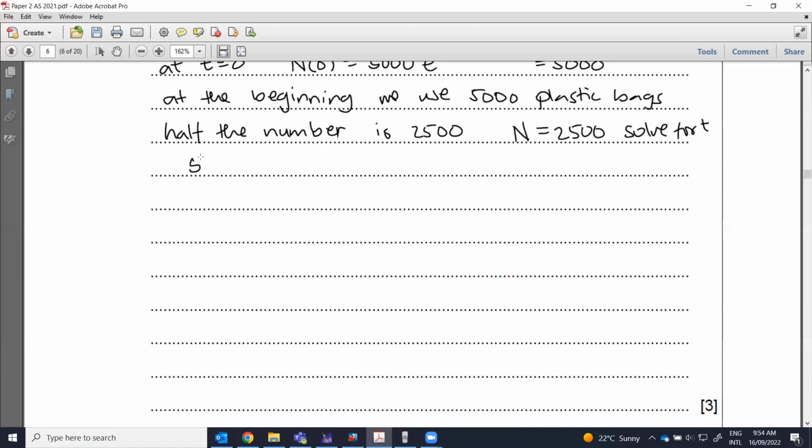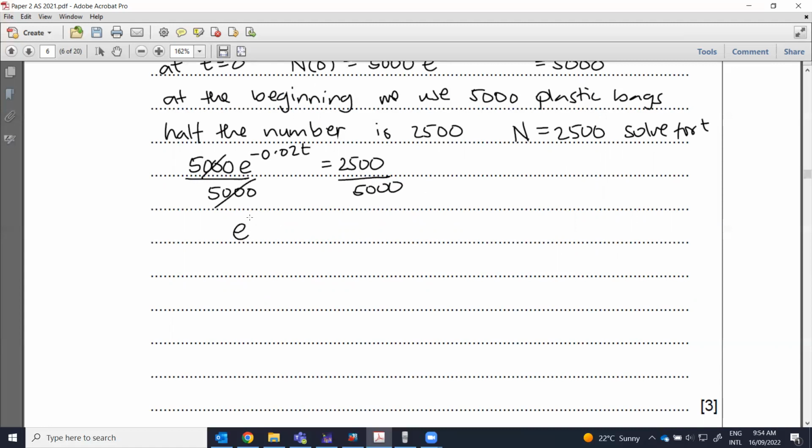So in our equation, we have 5,000 e to the power of minus 0.02t. This is equal to 2,500. Okay, so we divide by 5,000 on both sides. Then these two will cancel.